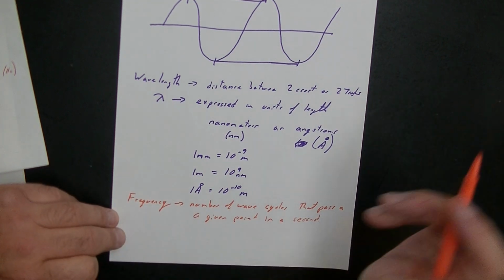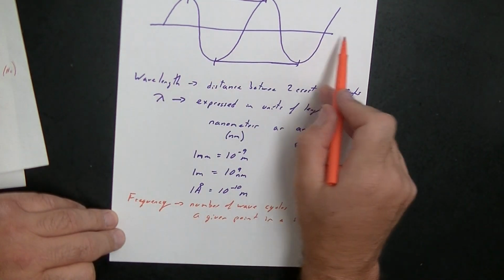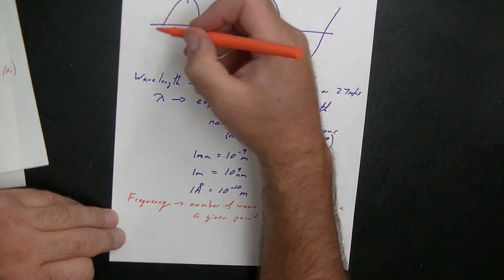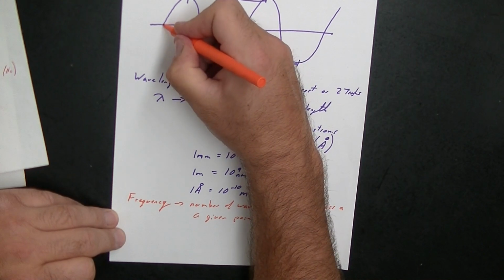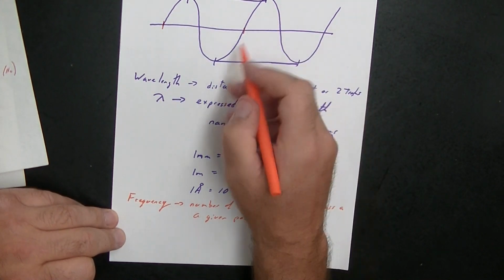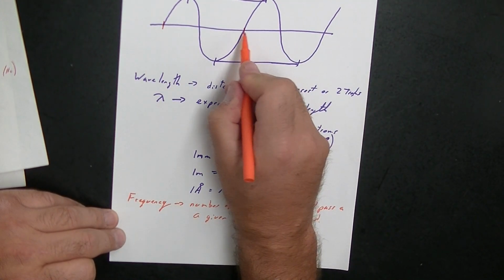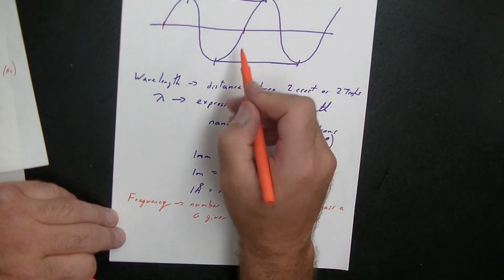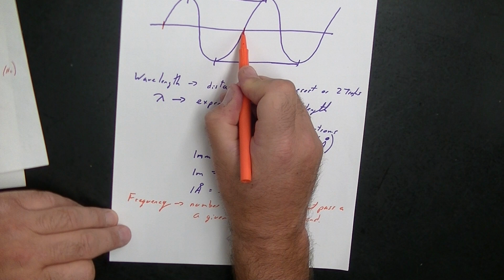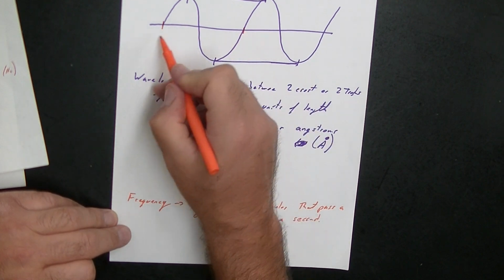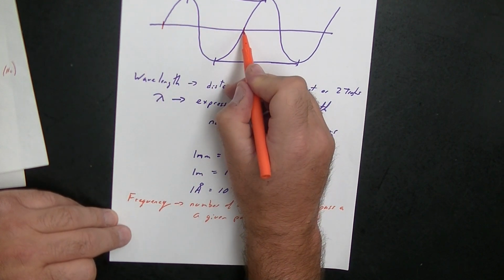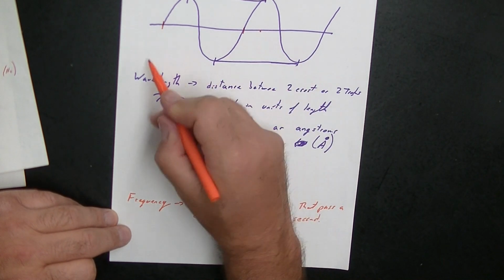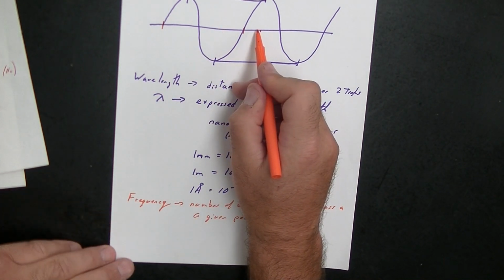Okay, so what we're doing is we're timing a wave cycle. Now a wave cycle, okay, it would be from here to here. How many times we have that go through a specific point in a second, and you just time it. So you would just count how many of these, this is the wave cycle, goes through a point, and it can be any point. I could pick this one and say, okay, how many cycles will I get in 1 second?